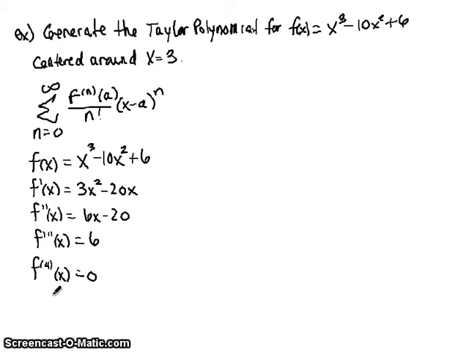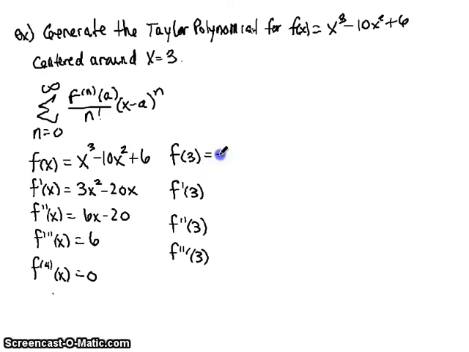So if we look at what we're supposed to be dealing with, we have the nth derivative at a. So we want to find the 0th derivative, or just our function, at 3. Our first derivative at 3. Our second derivative at 3. And our third derivative at 3. We don't need to find the fourth derivative at 3 because it's just 0.